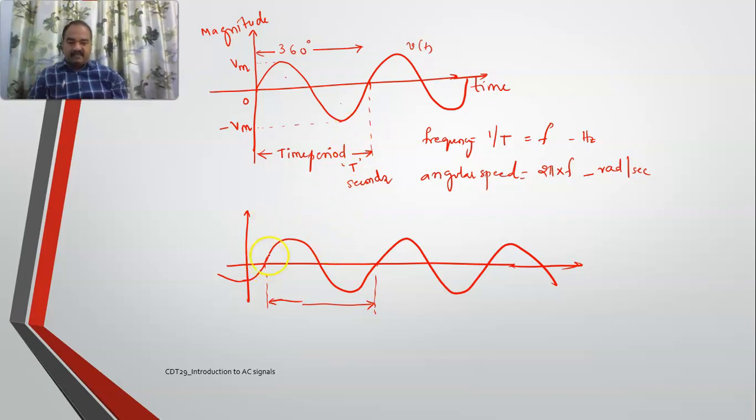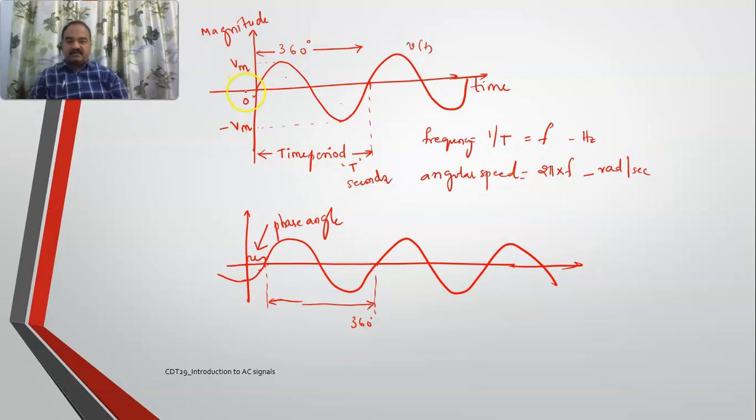But if you carefully see, this signal is starting at 0, this signal is not starting at 0. Right. So, in that case, what is the difference between the initial point and this point? How many degrees is it being deviated? Okay. Because I am measuring in terms of degrees. See here. This full cycle is 360, again 360, again 360 like that. So, what is this particular duration? How many degrees? And that deviation is called a phase angle.